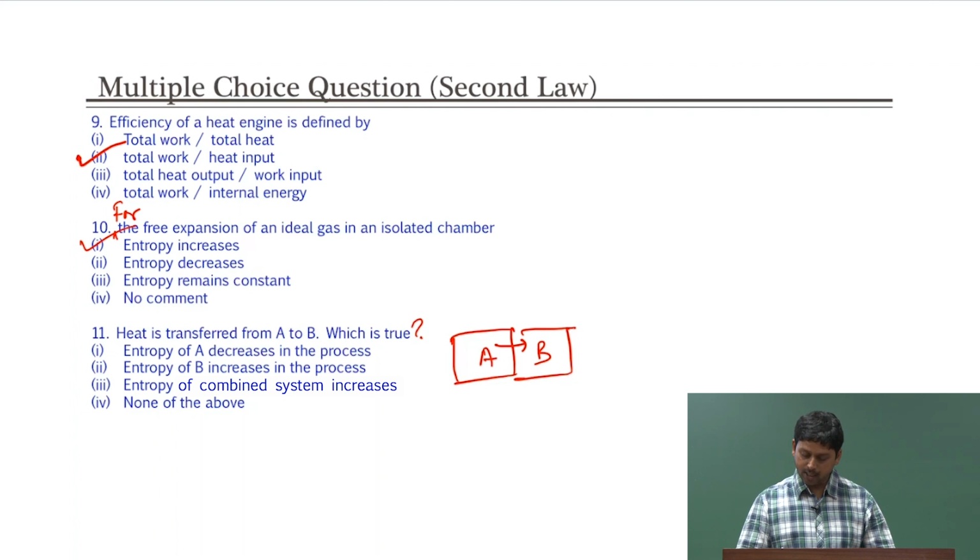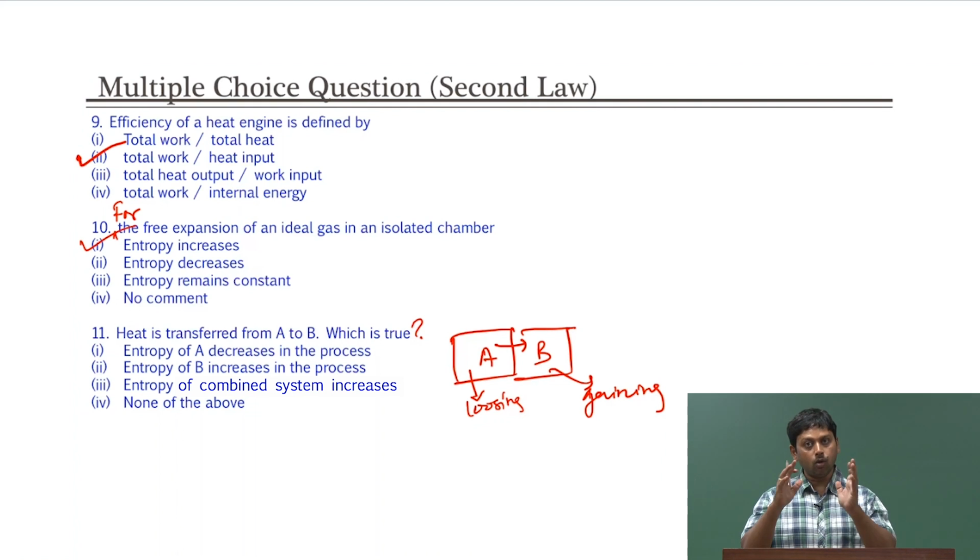So, A is losing entropy and B is getting heat. So, B is gaining entropy. Now, when you add the gain and the loss, there will be an overall gain. So, I would say that entropy of A decreases in the process, that is the right one, entropy of B increases in the process, that is the right one, entropy of a combined system increases, that is also the right one.